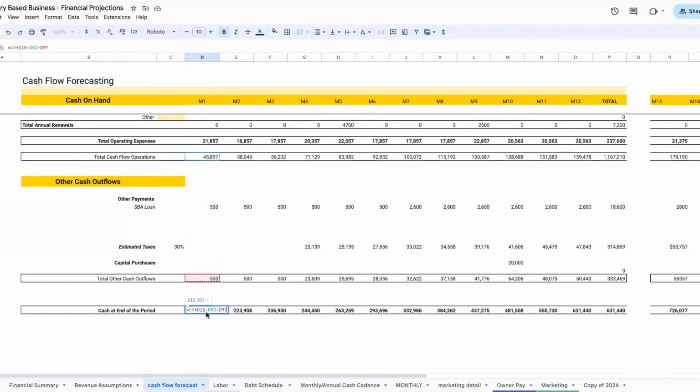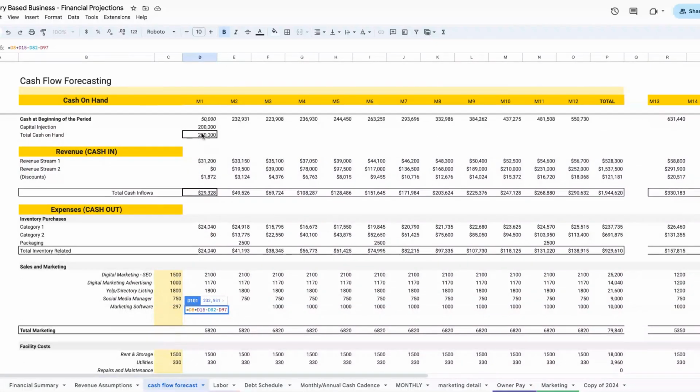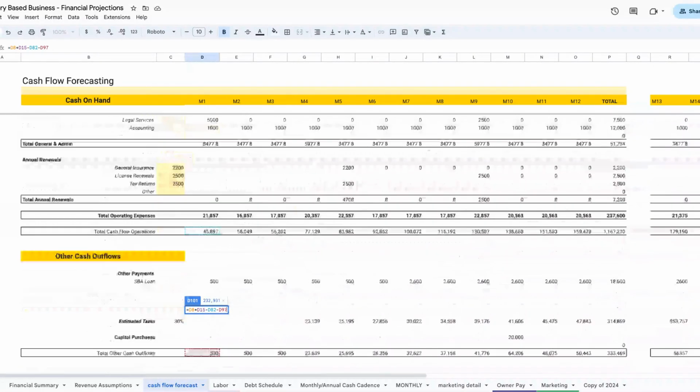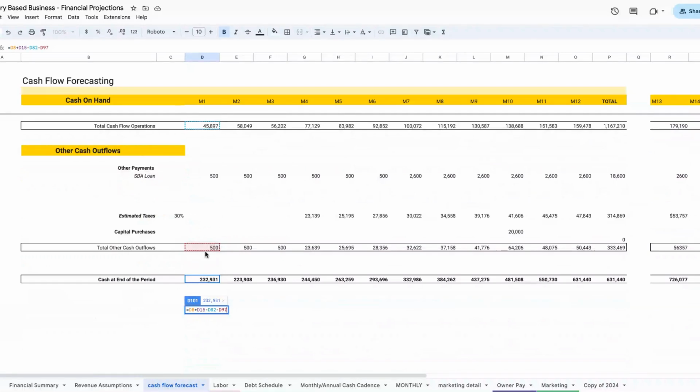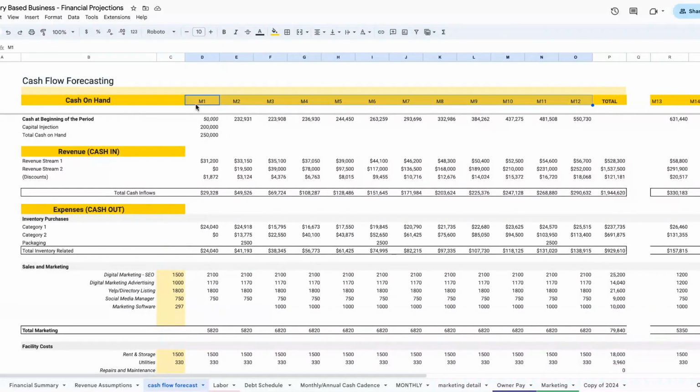So this looks at your beginning cash balance, total cash on hand, plus your total cash inflows, minus your total cash flow from operations, minus your total other cash outflows. And that gets you what your balance is for the period, and that actually carries forward into the next month. So here we have M1 to M12 in this model. You can change it. Let's say that it's October 2024, and then I would just carry this forward here.